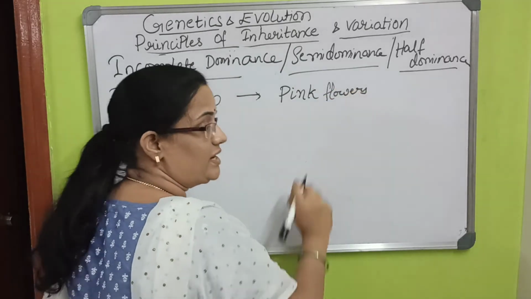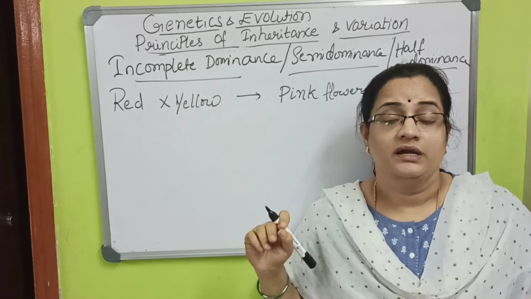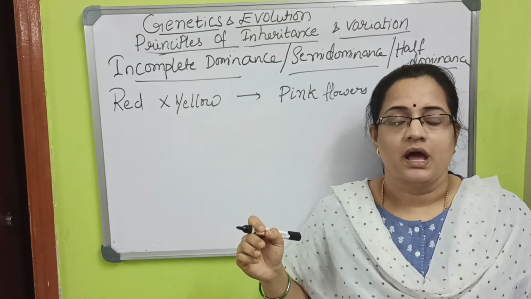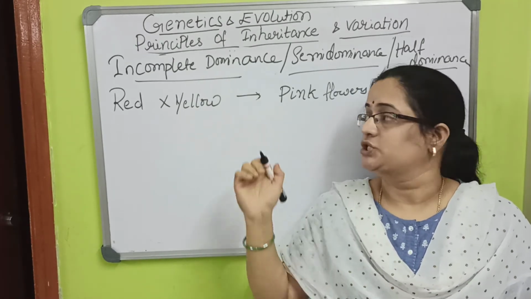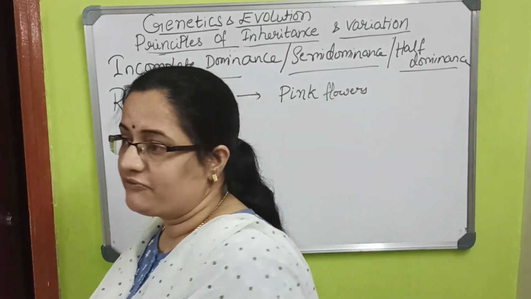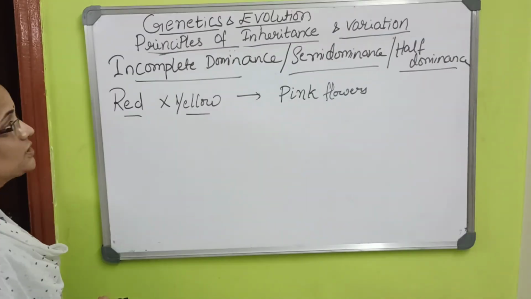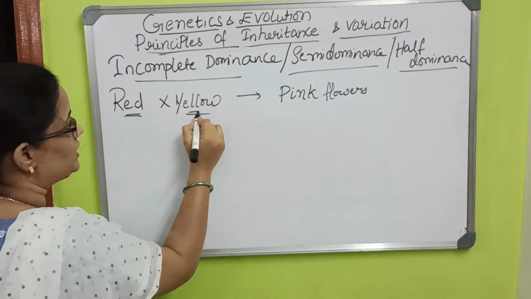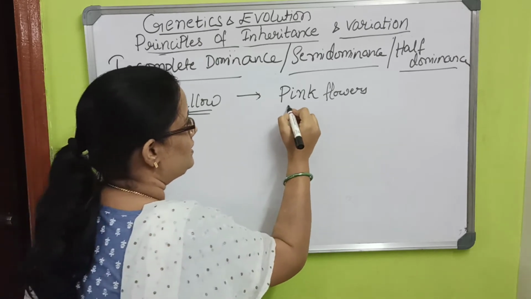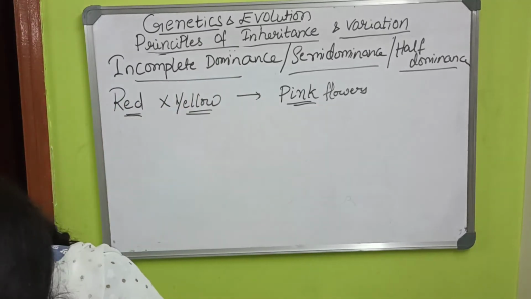That is why nowadays in a botanical garden or anywhere, you see plants with many different colors. At first there were very few colors, but after scientists did different experiments, the red and yellow characters gave pink flowers.